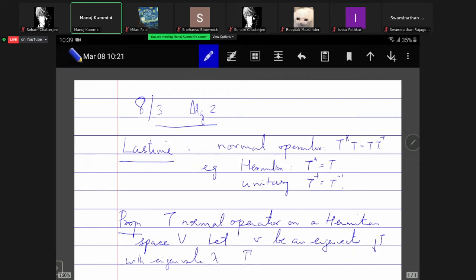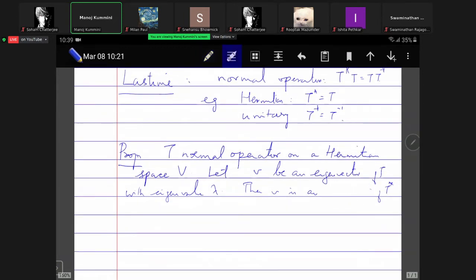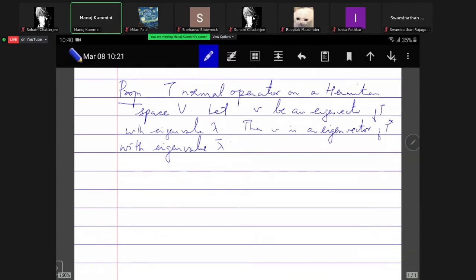Then v is an eigenvector of T star with eigenvalue lambda bar. Okay. This is what we did, and last time we did the proof for lambda equals 0.